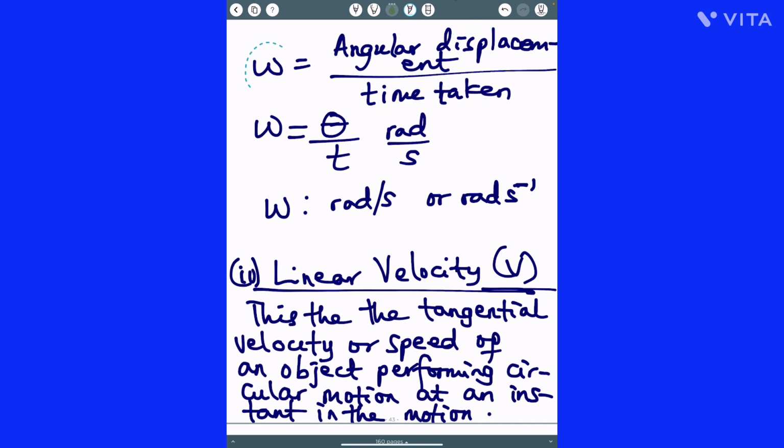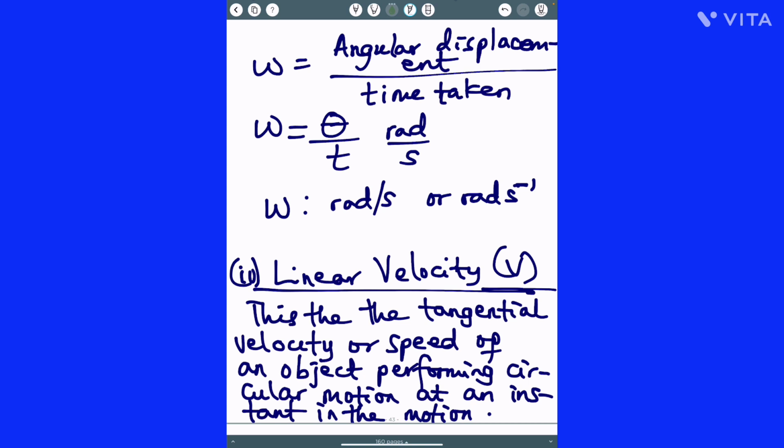So W is theta over T. Theta is in radians, time is in seconds. So the angle turned is in radians, the time taken is in seconds. So that means W is in radians per second, or rad per second, like this. So take note of that too.